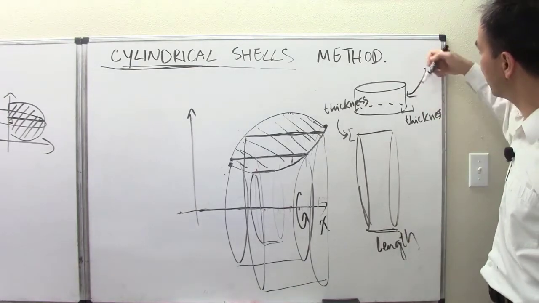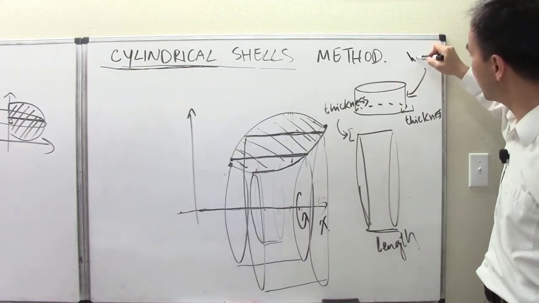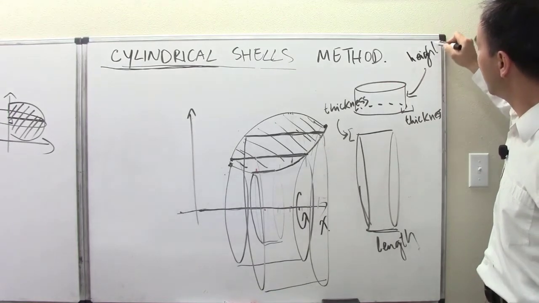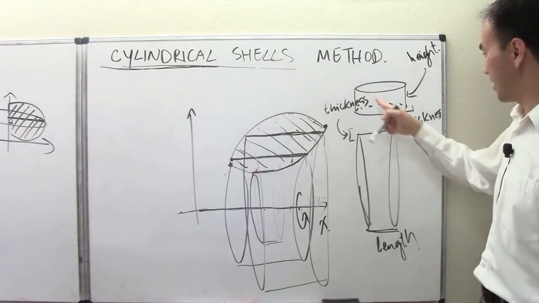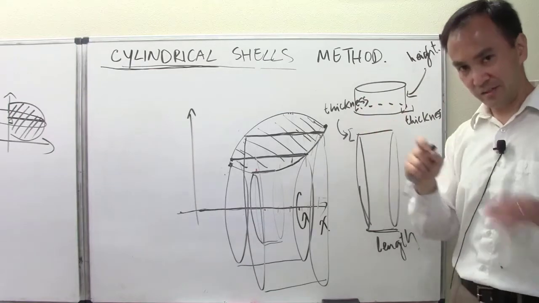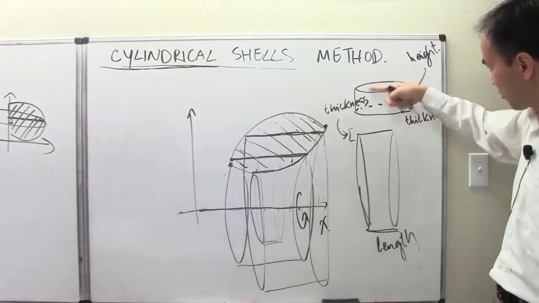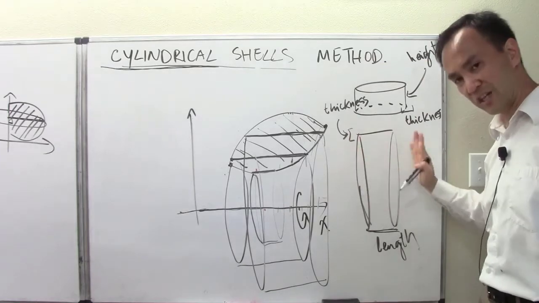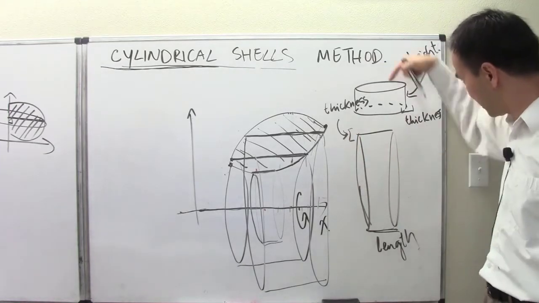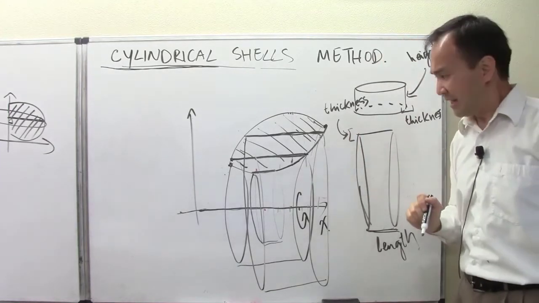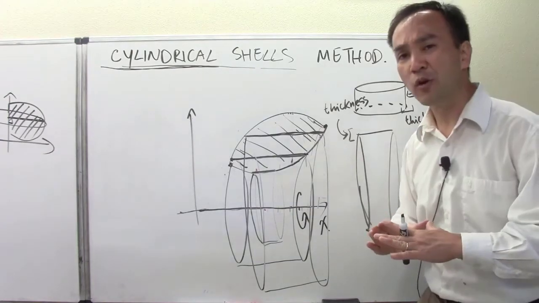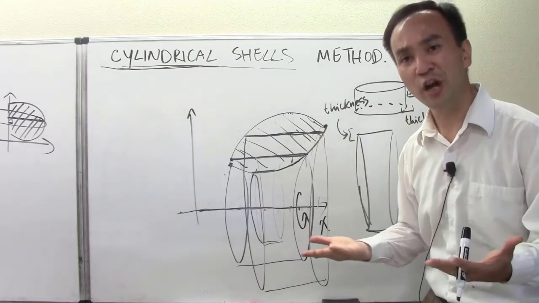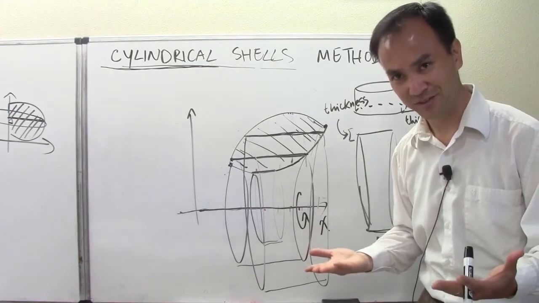If we're standing it vertically, we call it height. It's the same meaning. Thickness and height should be enough to give us the shell. It's of course a circular shape on the two ends, but it's empty space in the middle. And so we're going to be accumulating all of those shell volumes, the volumes of the thin shells.